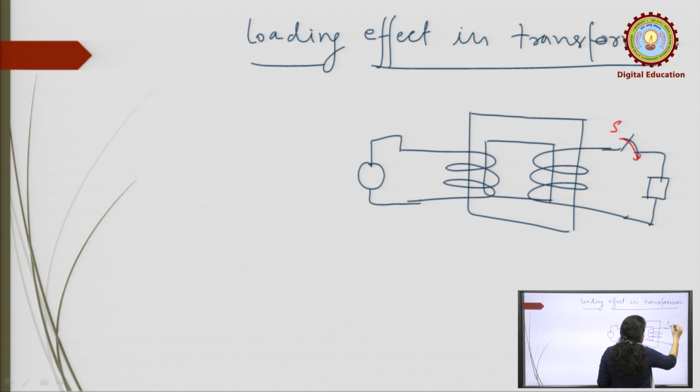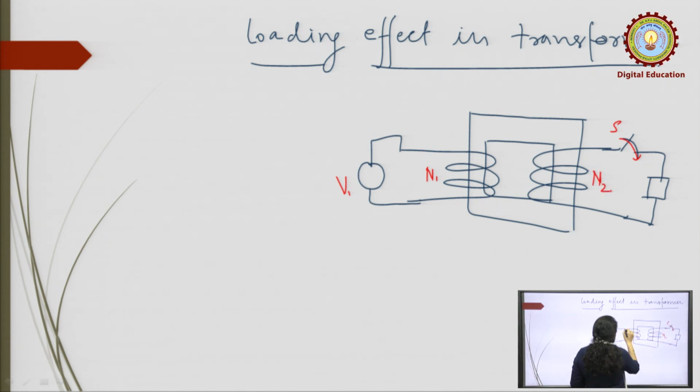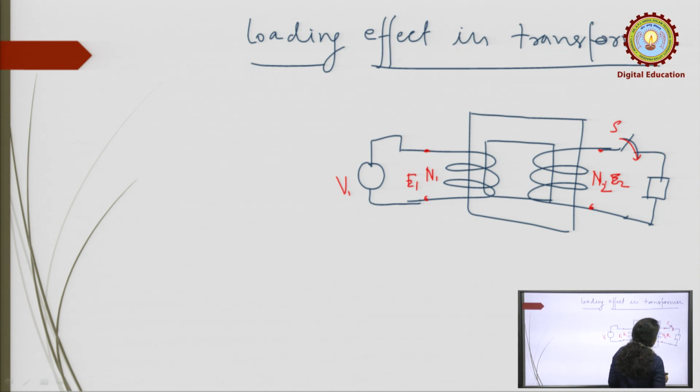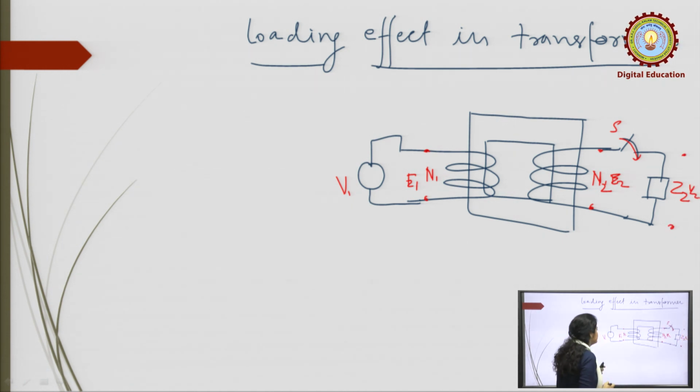Suppose the primary has N1 number of turns, V1 is the supply, the secondary has N2 number of turns, the EMF induced here is E1 and here is E2, and this is the load impedance, with voltage V2 across it.